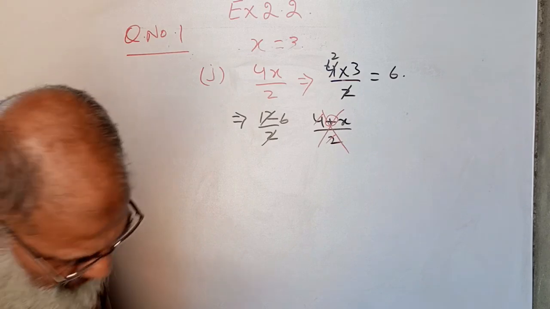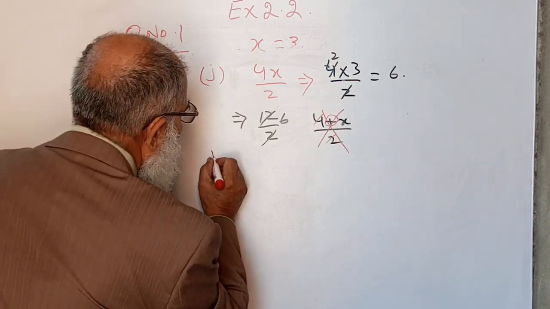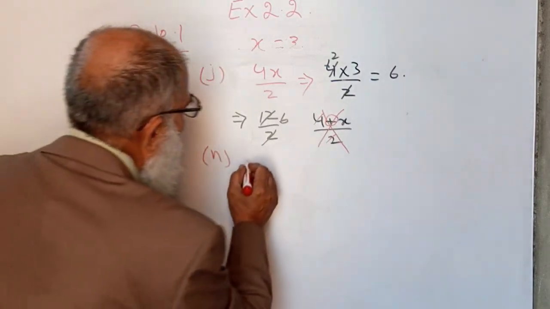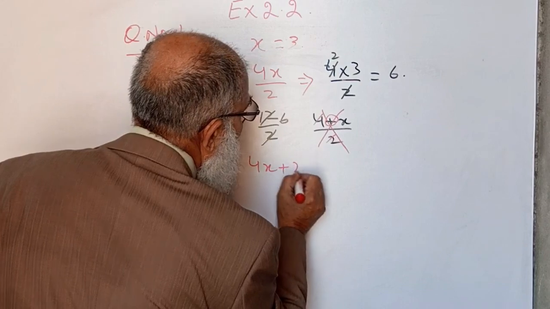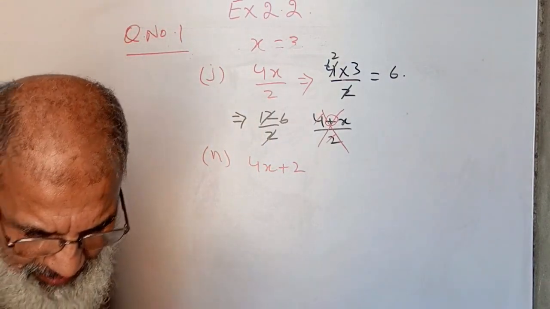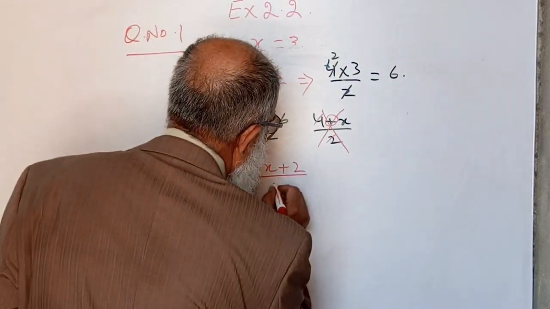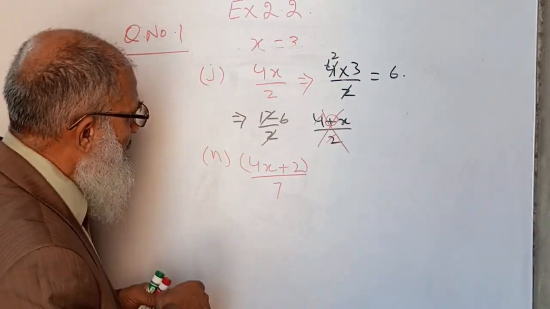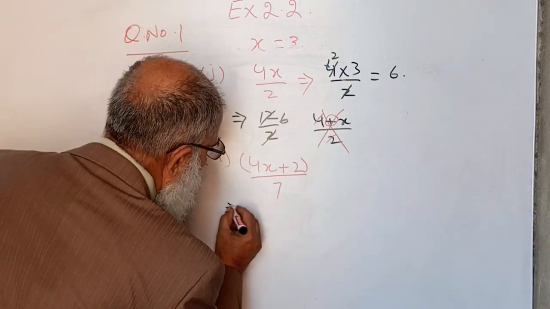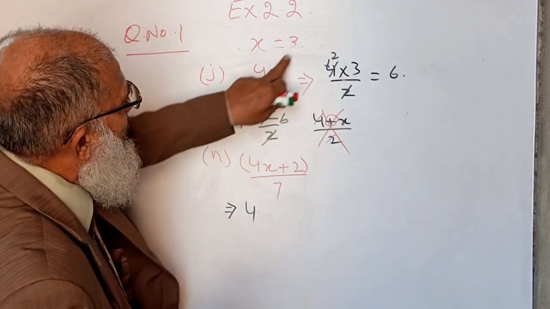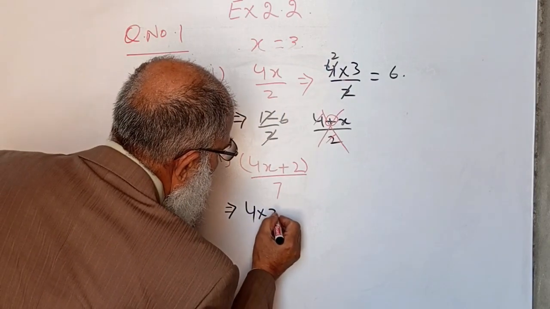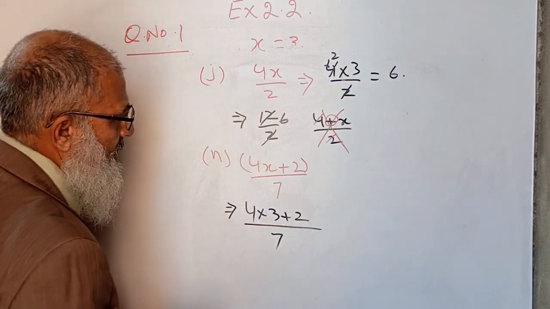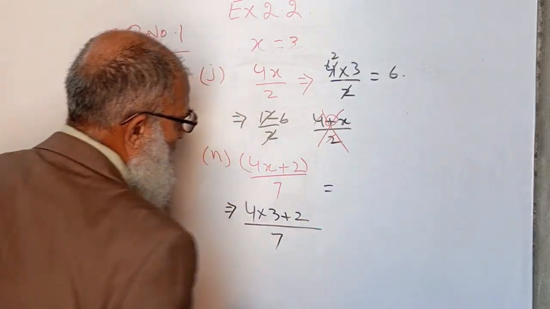Now part N, and this is the last part in this question. 4x plus 2, and it is divided by 7. It is divided by 7 and it is also enclosed in parentheses. Now what will happen here? 4 multiplied by 3 plus 2, and it is divided by 7.